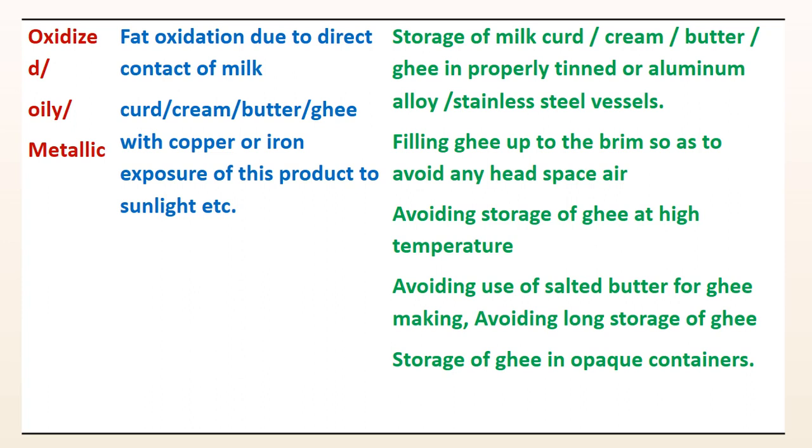Here is the flavor defect in ghee in continuation: oxidized or oily, due to fat oxidation from direct contact of milk, curd, cream, butter, ghee with copper or iron, or exposure of these products to sunlight, etc. And the prevention is storage of milk, curd, cream, butter, ghee in properly tinned or aluminum alloy or stainless steel vessels, filling ghee up to the brim so as to avoid any headspace air, avoiding storage of ghee at high temperature, avoiding using salted butter for ghee making, avoiding long storage of ghee, and storage of ghee in opaque containers.